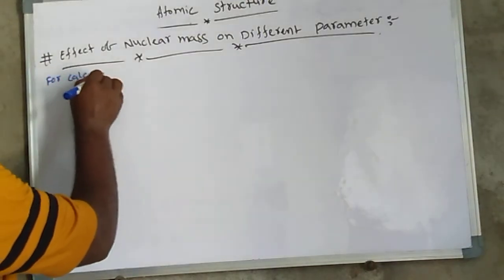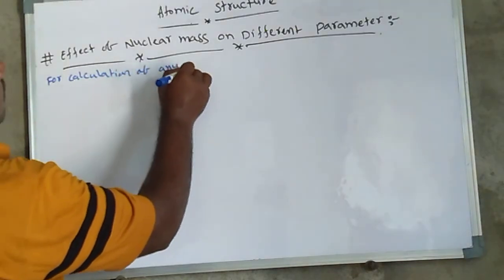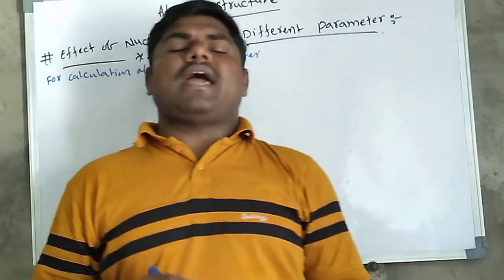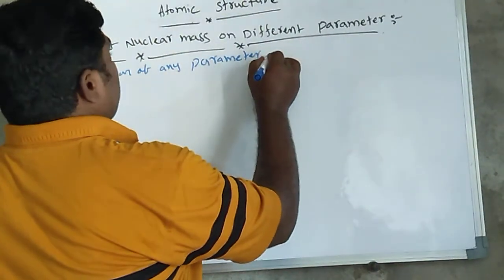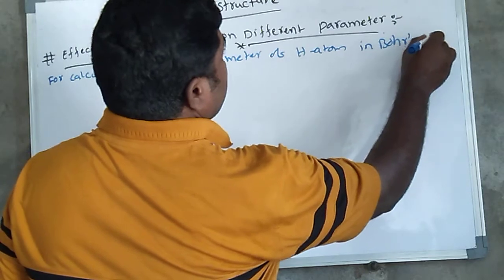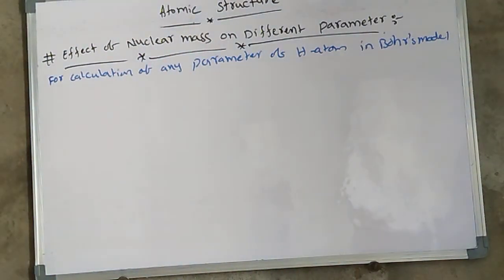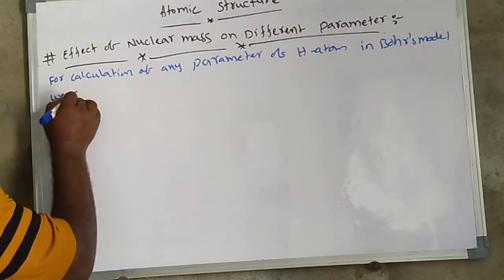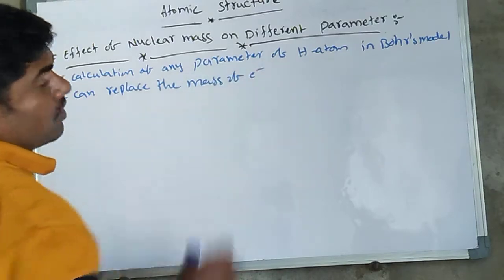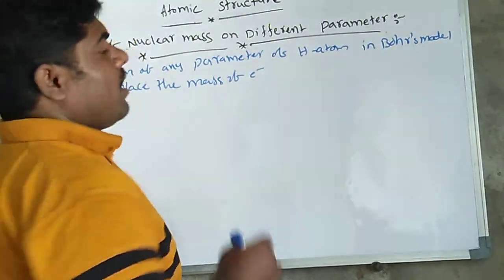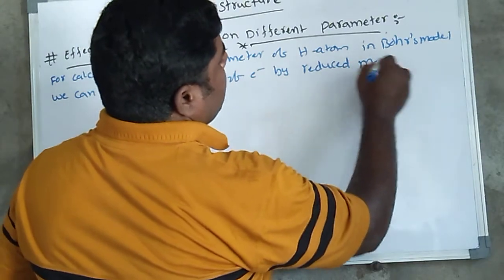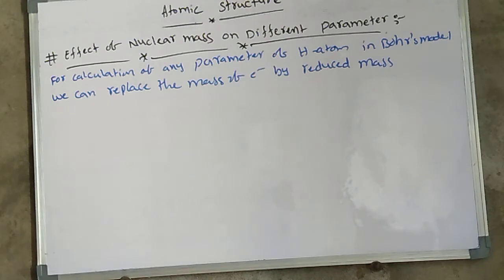For calculation of any parameter of the hydrogen atom in Bohr's model, we can replace the mass of electron by the reduced mass, for accounting the mass of the nucleus.